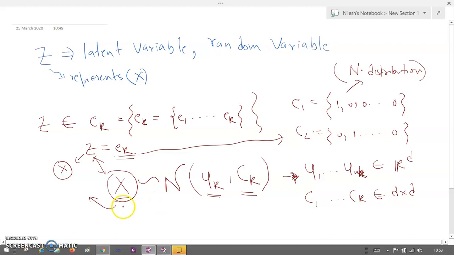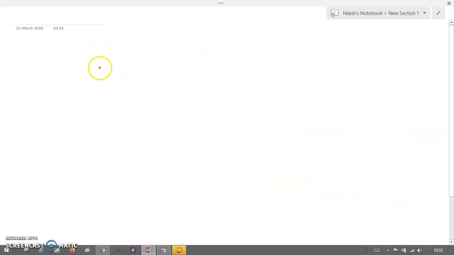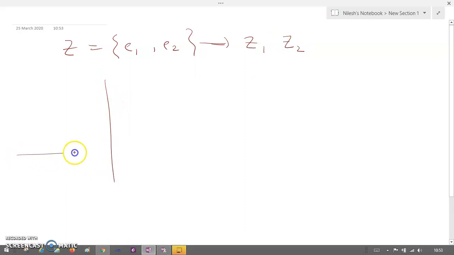So what I can draw out is this: if I'm only taking e1 and e2, so if I'm taking z as e1 and e2, this can give me two, z1 and z2, and based on that you can draw it out here.